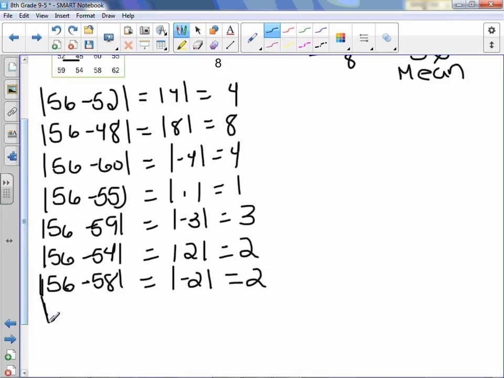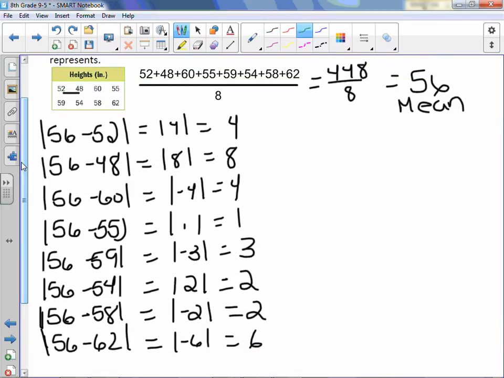We have 56 minus 62, which is negative 6. Absolute value is 6. So, step 1, found the mean.